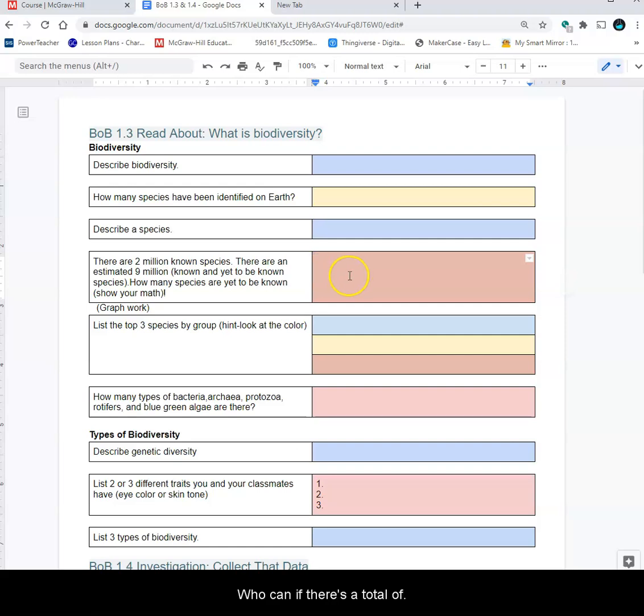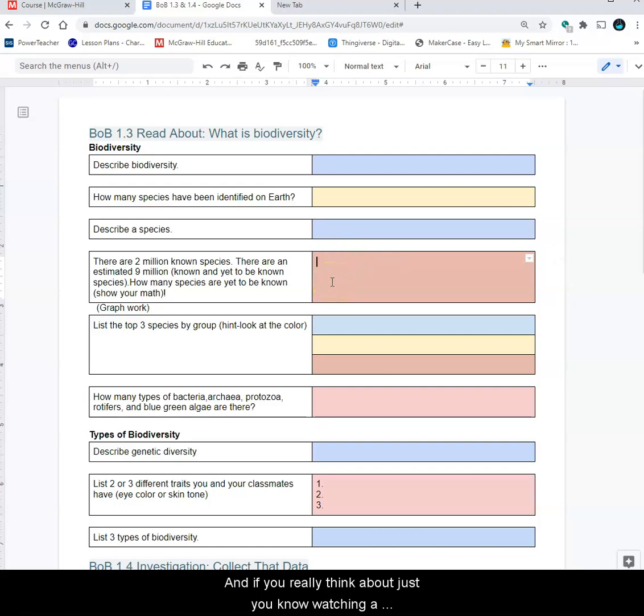So again, if there's a total of 9 million, and we know that there are 2 million, then we do this kind of fundamental math, and that should give us a pretty clear answer of how many species there are that we still believe are out there just waiting to be discovered.